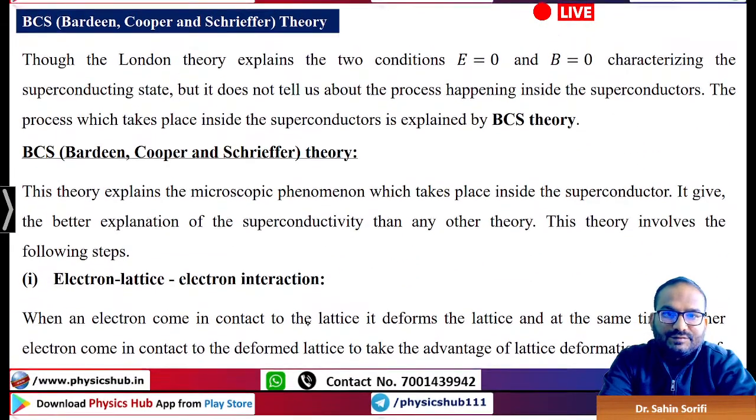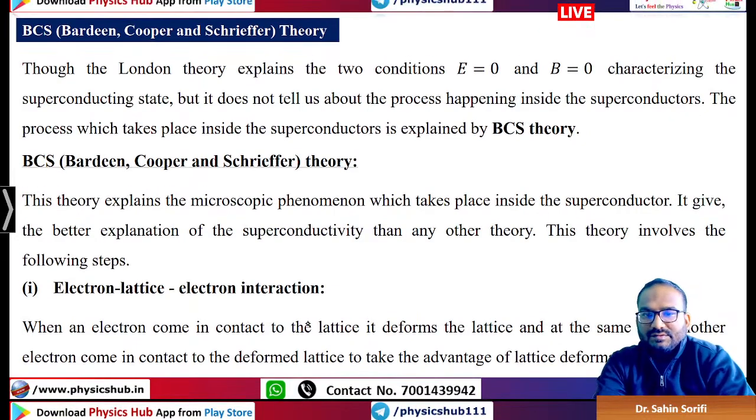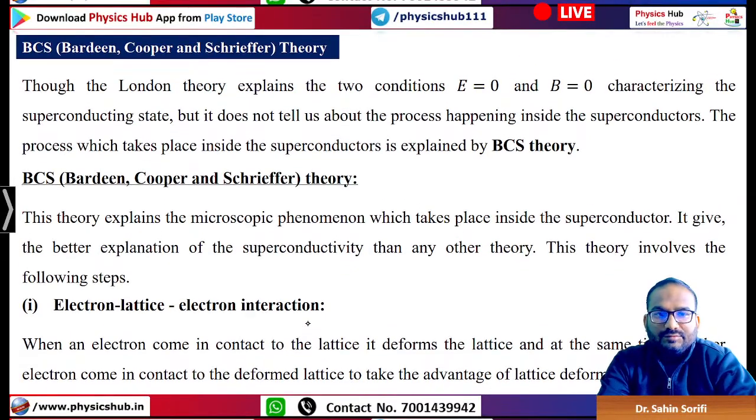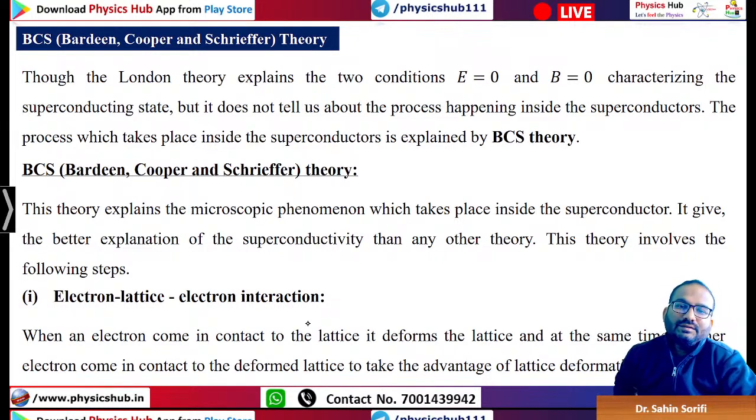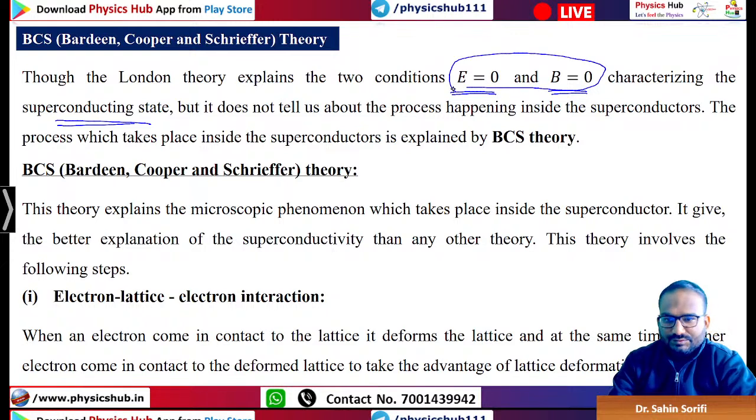BCS theory is one of the most successful theories for the explanation of superconductivity. Bardeen, Cooper and Schrieffer theory, also known as BCS theory. Though the London theory explains the two conditions E equals 0 and B equals 0, characterizing the superconducting state, it does not tell about the process happening inside the superconductor.